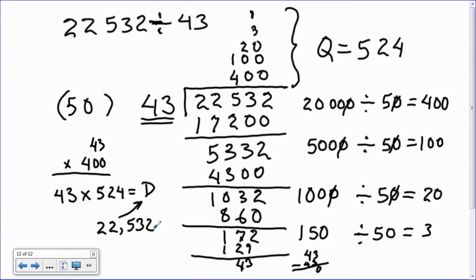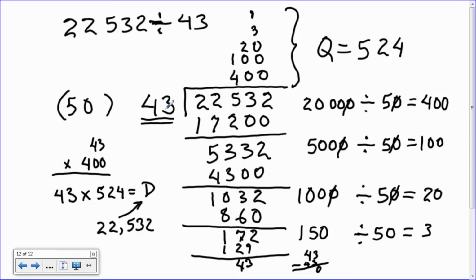Very quick review. We started out with a dividend set of size 22,532. We wanted to divide those objects into 43 groups, so 43 is my divisor. I can't handle these numbers as I see them because none of them are compatible pairs for me. So we want to sneak up on the actual quotient using partial quotients that are always smaller than Q. And how do I accomplish that?